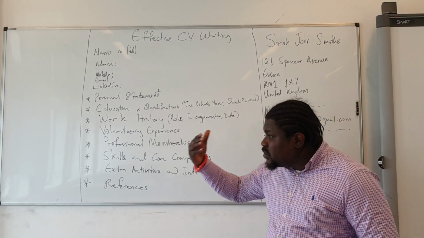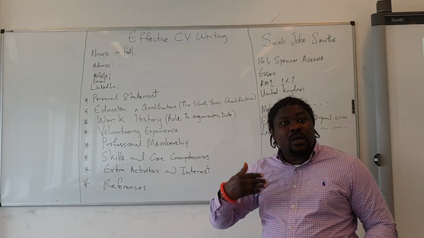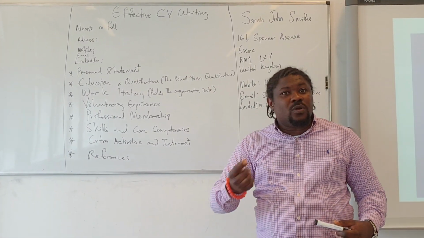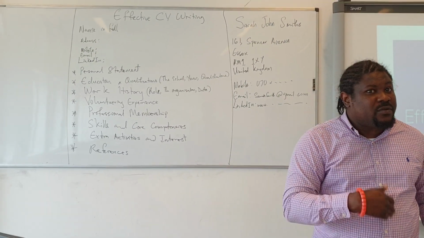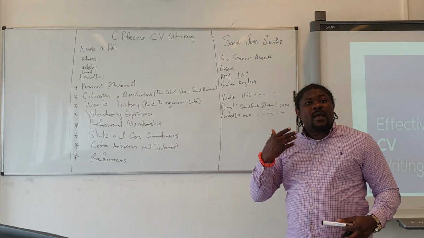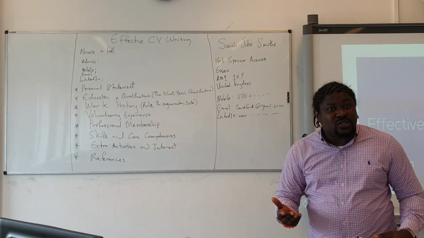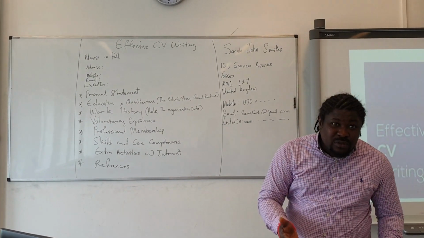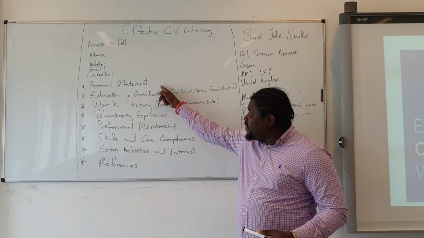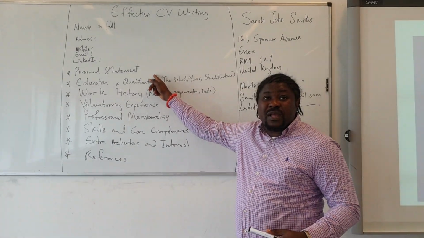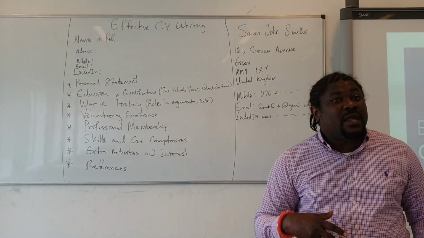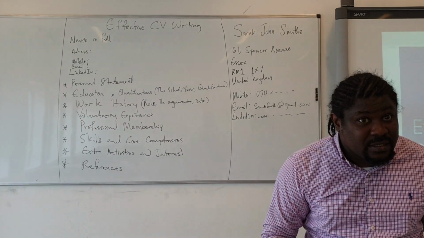So I am enthusiastic about customer services. That CV would be good when you are applying for a customer service role. If you're applying for a nursing role, I am enthusiastic and passionate about healthy living. So you have to describe all of that in there. In the personal statement as well, a tip is for you to describe yourself as being emotionally intelligent.